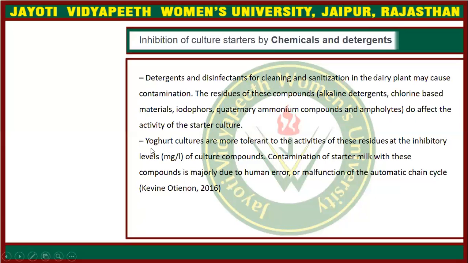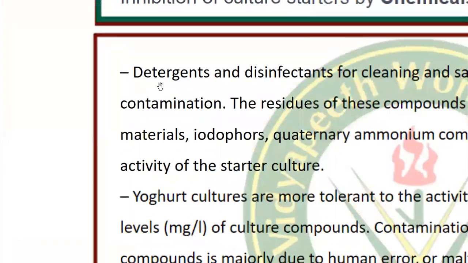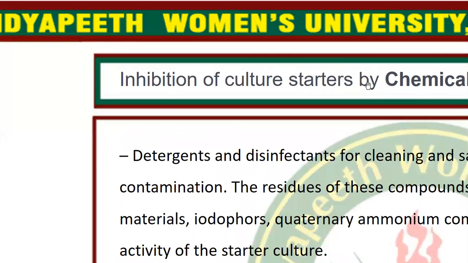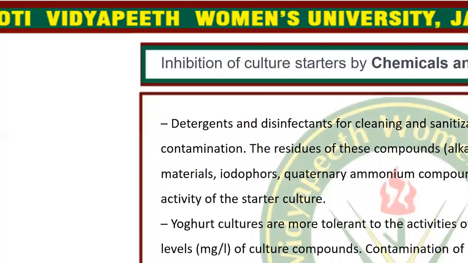Yogurt cultures are more tolerant to the activities of these residues at the inhibitory levels. Contamination of starter mix with these compounds is majorly due to human error. These detergents and disinfectants are not supposed to be found in the process, but they are found because of some human errors.